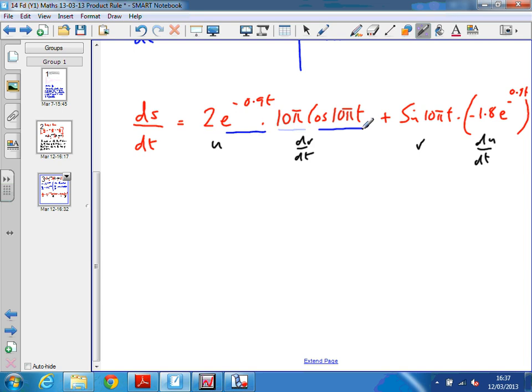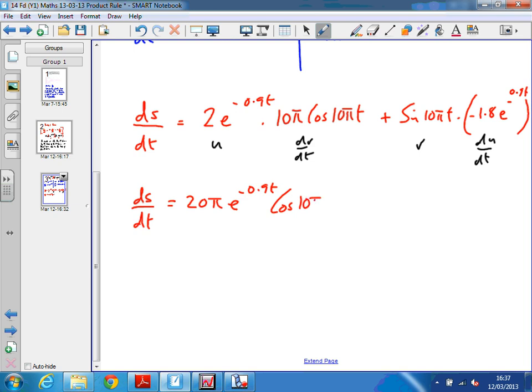The reason why we do that is because if you're looking at this, you could be confused into thinking that I'm after the sine of all of this. I'm not. I'm only after the sine of this bit, and then I'm multiplying it by that. So, tidying up, ds by dt equals 20 pi e to the minus 0.9t times the cosine of 10 pi t.